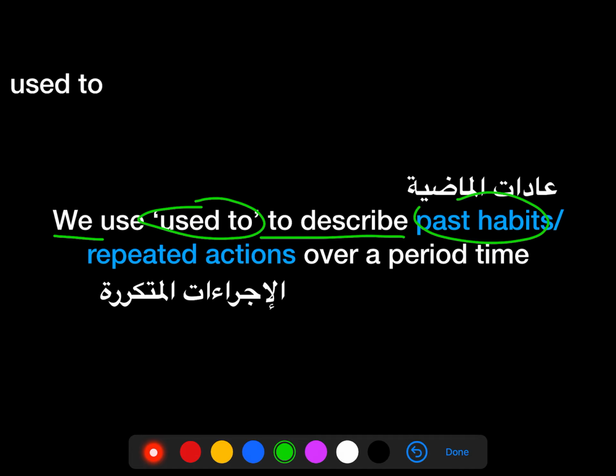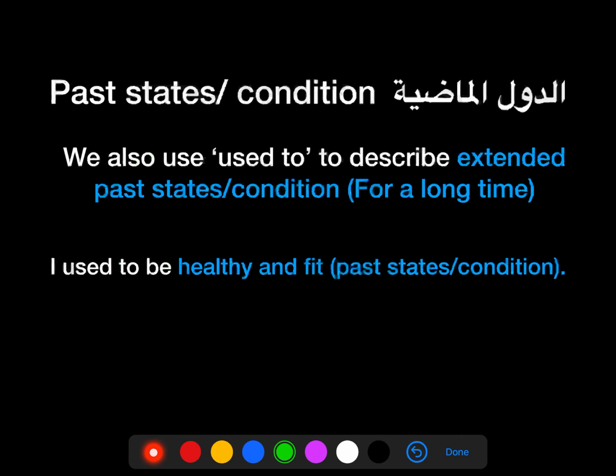And the repeated actions, the actions that you did several times repeatedly over a period of time, maybe 1 year, 10 years, 5 years, 2 years. You did that quite a lot. Okay, very good. Now let's move on to the next one.